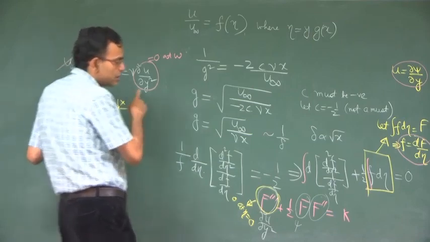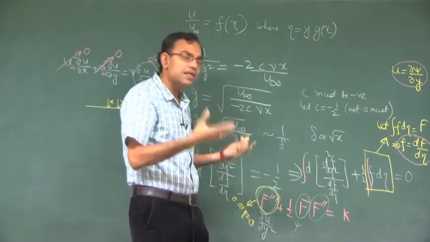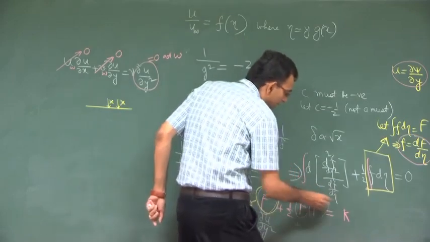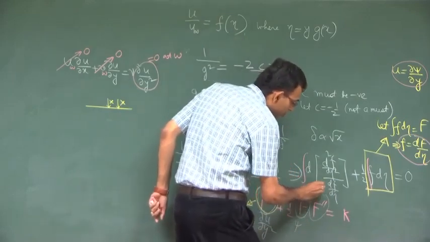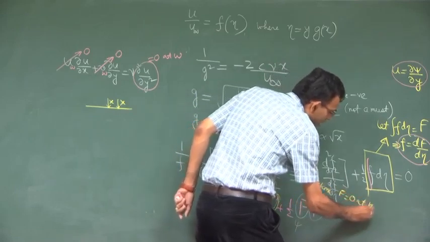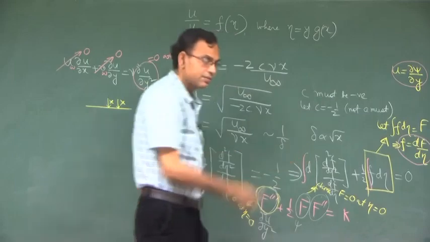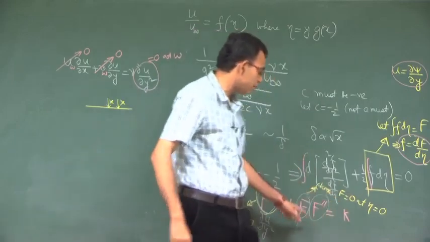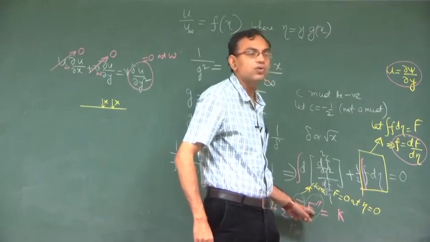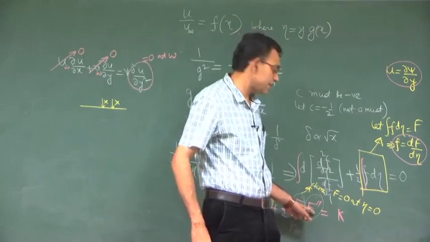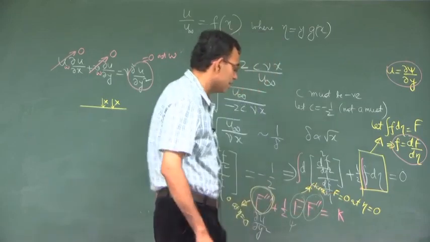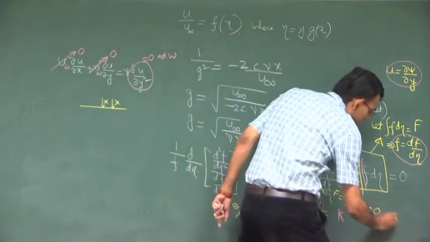So, the psi equal to constant can be chosen as anything. So, for our benefit to set this constant to our liking, we choose that F is equal to 0 at eta equal to 0. We could choose anything instead of 0, 1, 2, but whatever we had chosen, then this k would be dependent on this at the wall, that we do not know. So, to fix it up, the best is to set it 0 so that the value of this at the wall does not matter, and then this means that k is equal to 0.